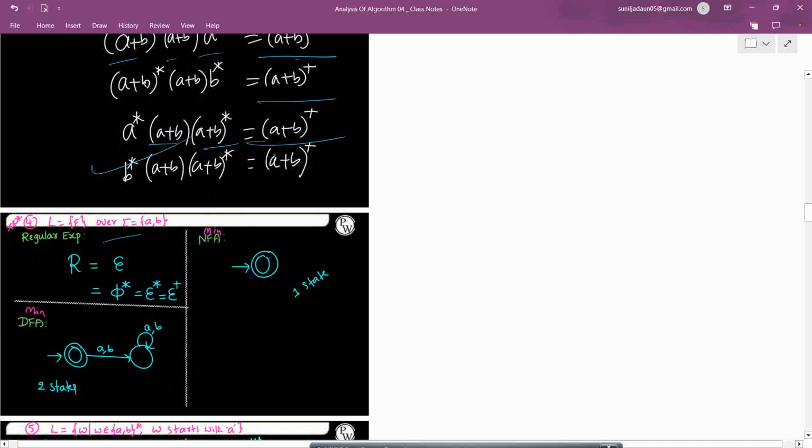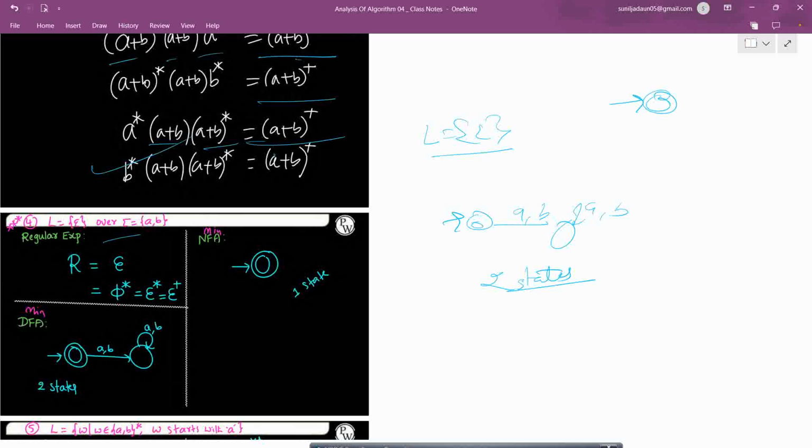So L is equal to epsilon twisting. The minimum DFA should be this, and if anything would happen, it can be two states. For NFA, there is no dead state, so only one state.